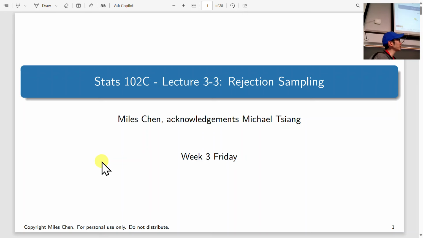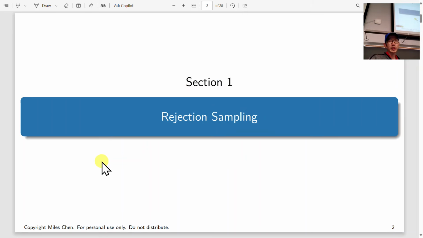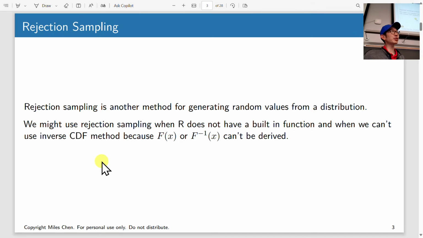Today we are going to take a look at rejection sampling. Rejection sampling is a method for us to generate random values from a given distribution. Remember the context in which all of this is coming from: one of the big methods we use is Monte Carlo integration, Monte Carlo estimation, where we generate a bunch of random values from some given distribution, and we use that to estimate some kind of quantity.